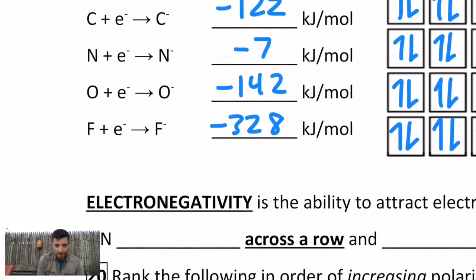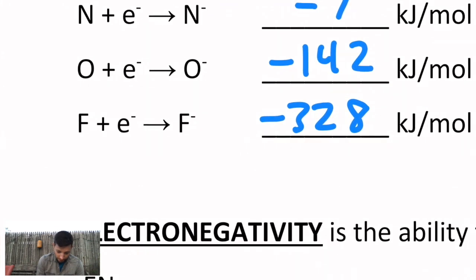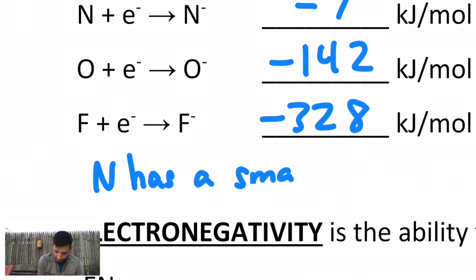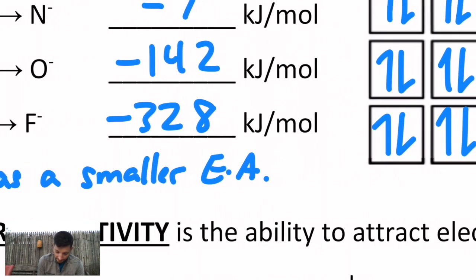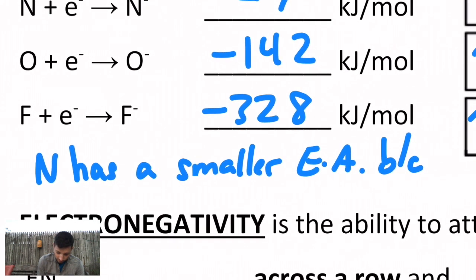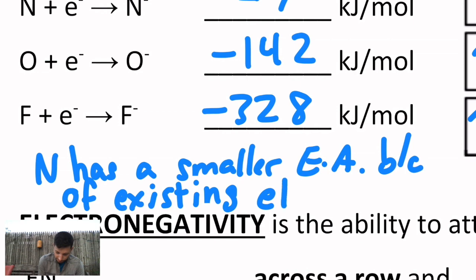Nitrogen is lower. Nitrogen has a smaller electron affinity, I'm going to say EA, because of existing electron repulsion.